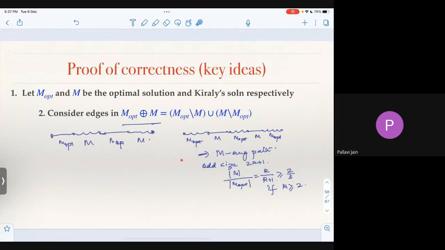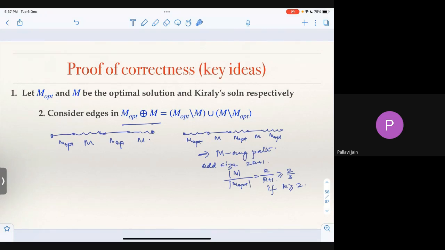So every M augmenting path will give me a 2/3 fraction more M opt edges than M edges. No matter how many M augmenting paths I have, each one gives me that 2/3 fraction. So overall, I have a 2/3 fraction more of M opt edges, right?